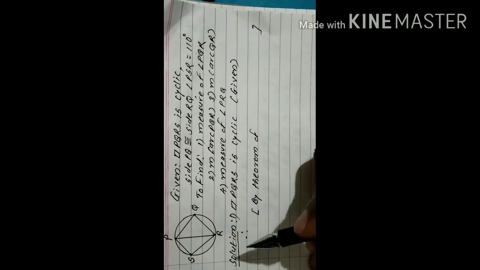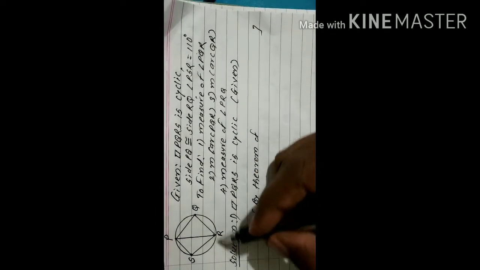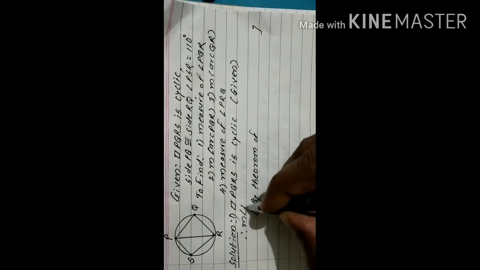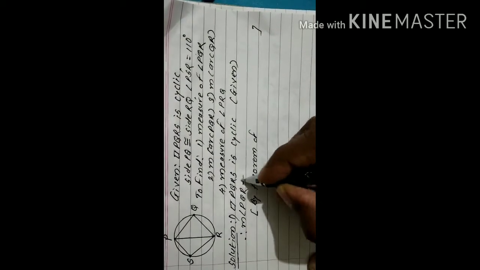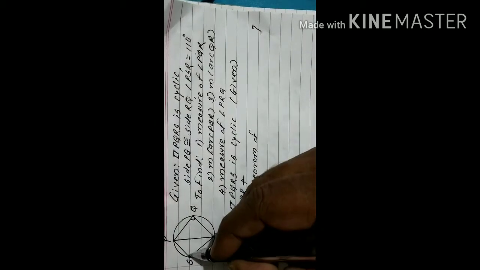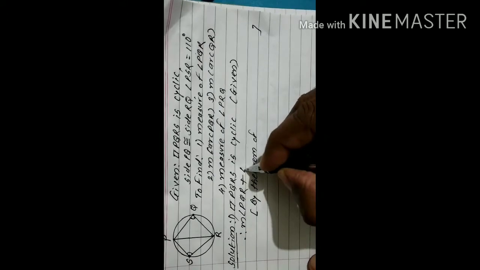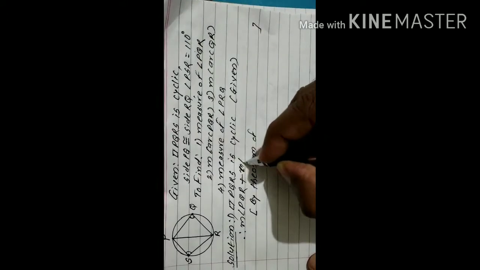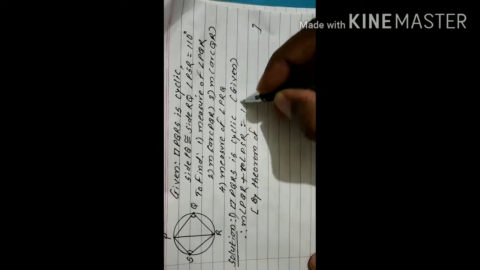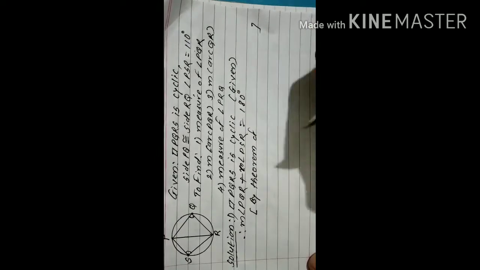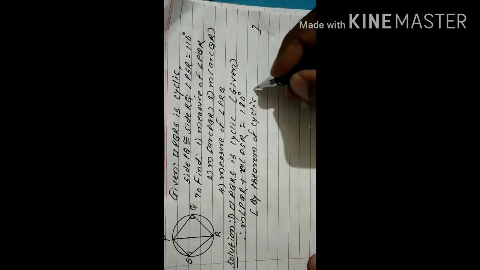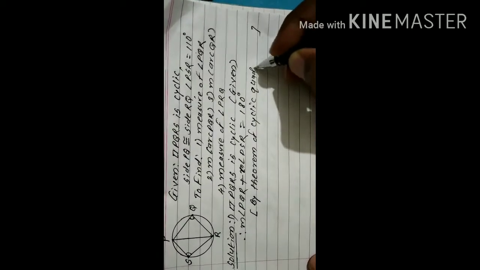Means measure of angle PQR plus measure of angle PSR is equal to 180 degrees by theorem of cyclic quadrilateral.